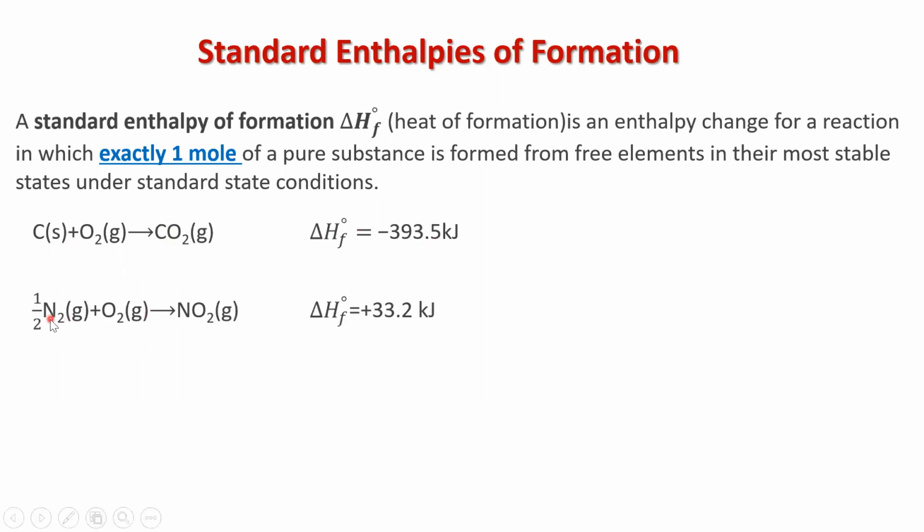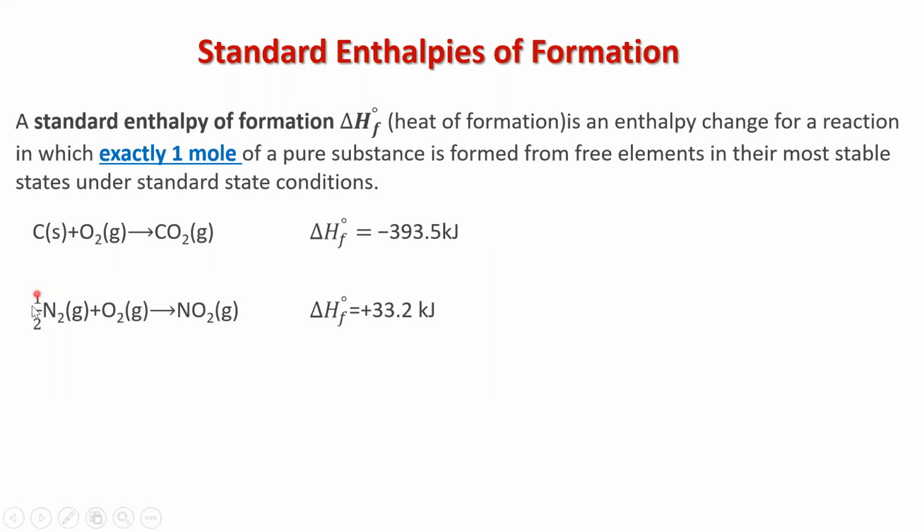So if we look here, we have nitrogen gas, diatomic and a gas, that's the standard state, plus oxygen gas, again diatomic in its gaseous state, to form nitrogen dioxide. By definition, the standard enthalpy of formation values deal with 1 mole of product. So we have to put a 1 here.